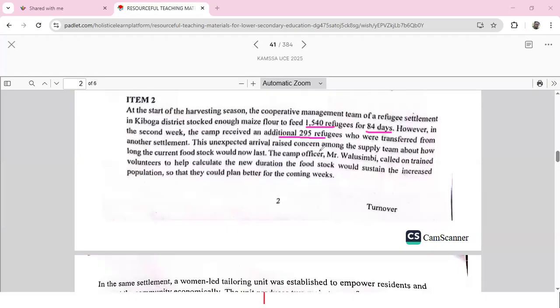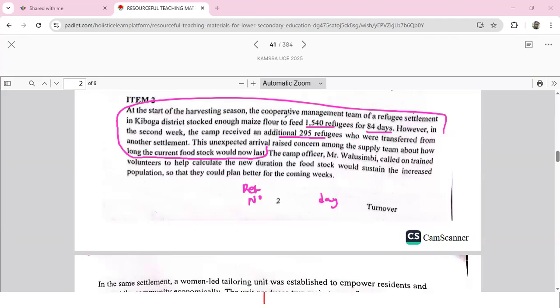This unexpected arrival raised concern among the supply team about how long the current food stock would last. Here you notice that the rate at which these people come in is not the same. You are comparing two things: the refugees and the number of days.